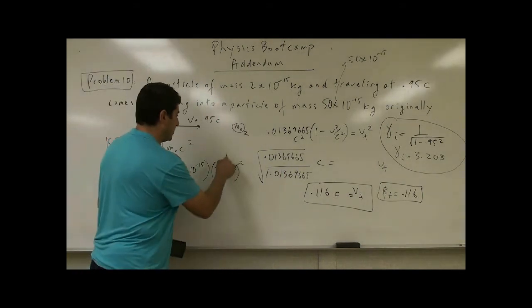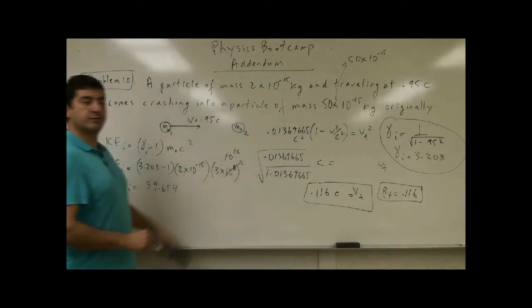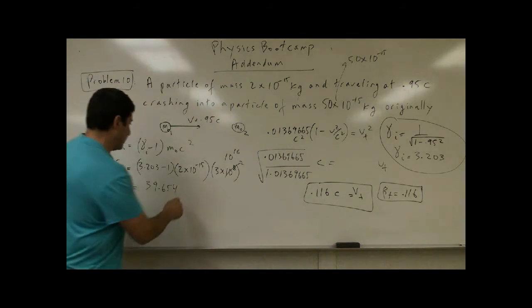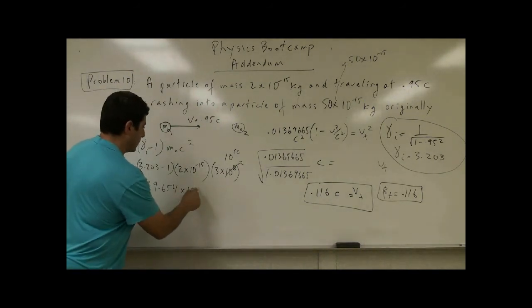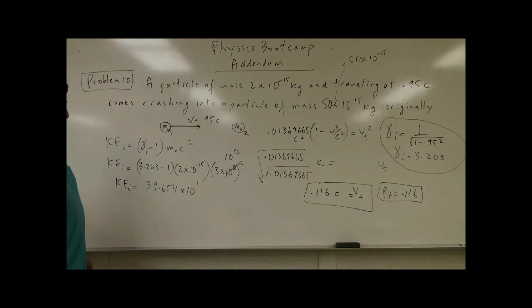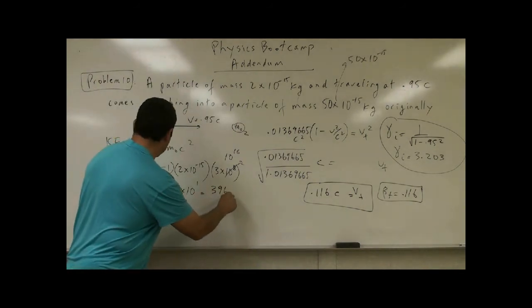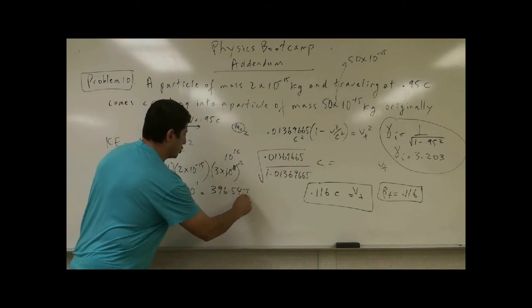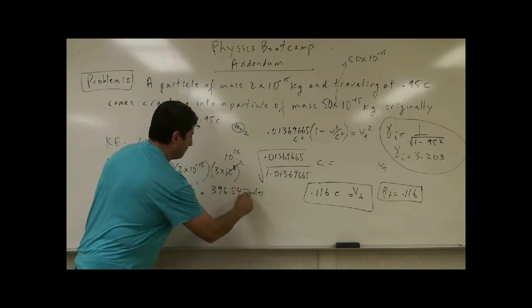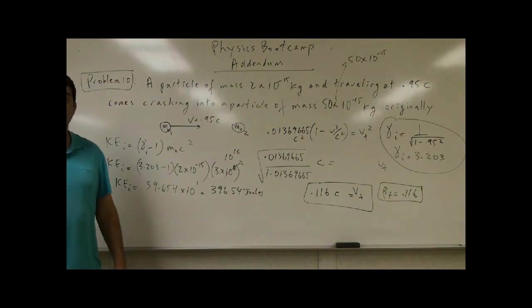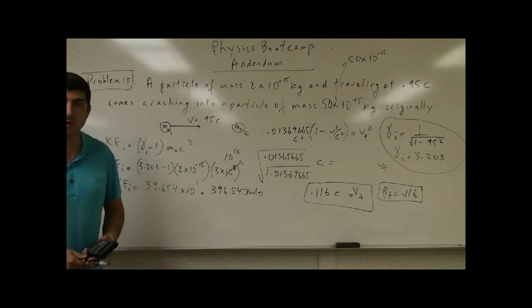This is 10 to the 16th times 10 to the minus 15. So that's 10 to the 1, basically. So this comes out to be 396.54 joules was the initial kinetic energy of the incoming particle.